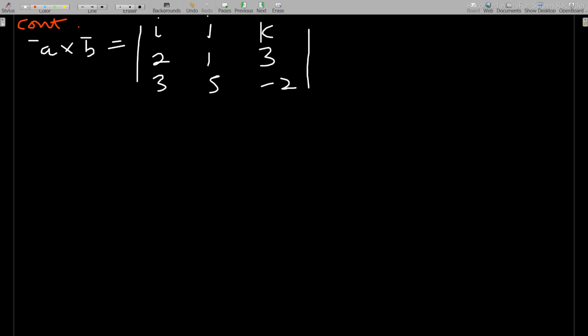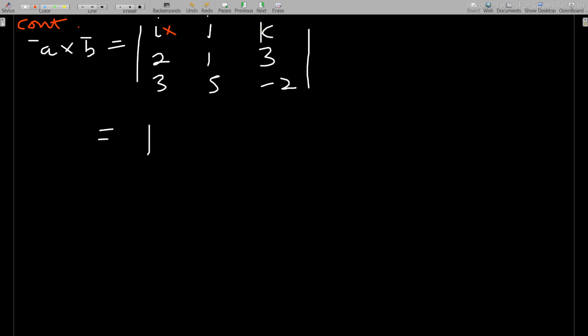I'm using this method to solve the first question, and then for the remaining questions I'll be using the shortcut method. You stand on the first element, cancel its row and column, and the remaining matrix you take the determinant of.